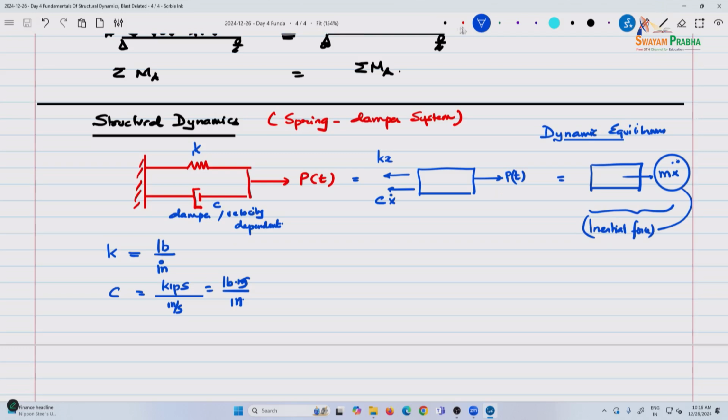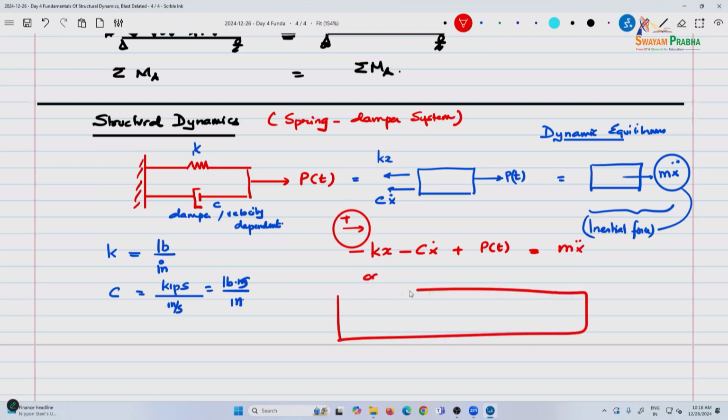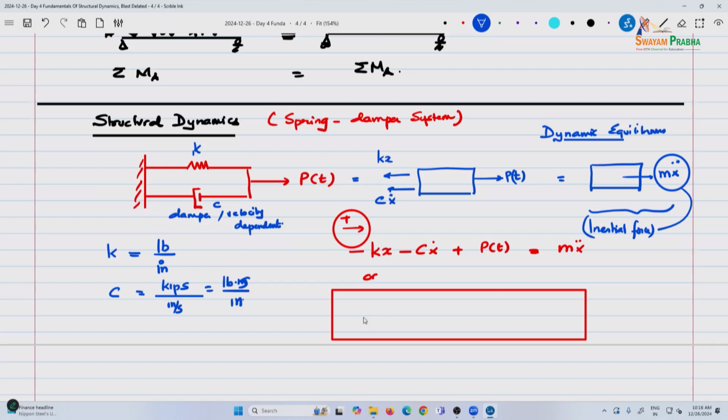So if I write my basic equation, it is minus kx minus cx dot plus p of t is equal to, if I consider that to be the positive direction, mx double dot, or I get the classic expression for the differential equation: mx double dot plus cx dot plus kx equal to the forcing.